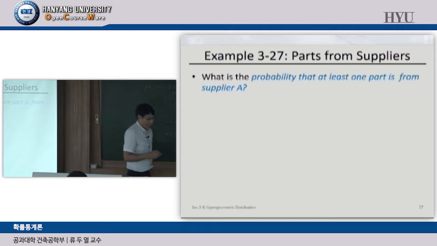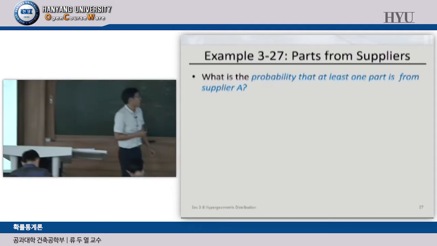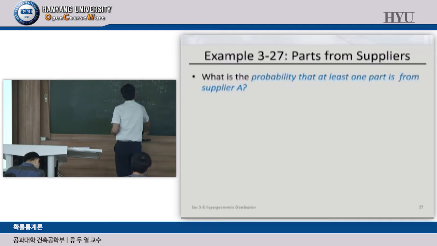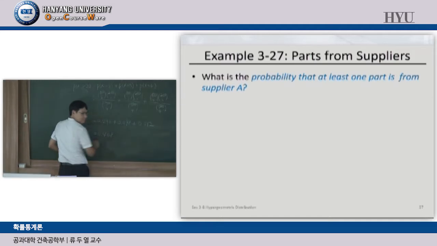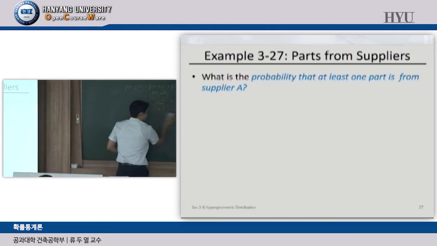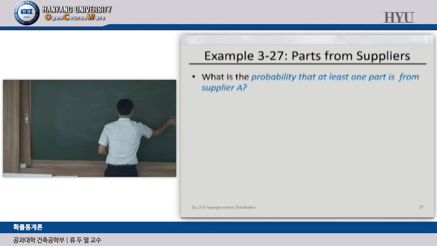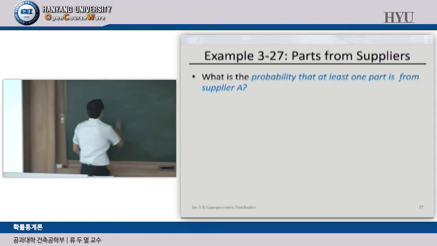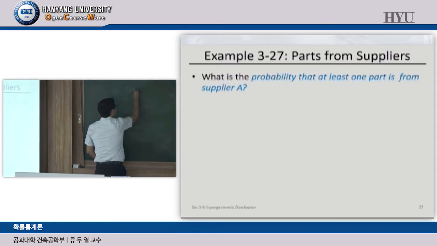So this is another example. And what is the probability that at least one part is from supplier A? This indicates that the probability of x when x is larger than or equal to 1, right?